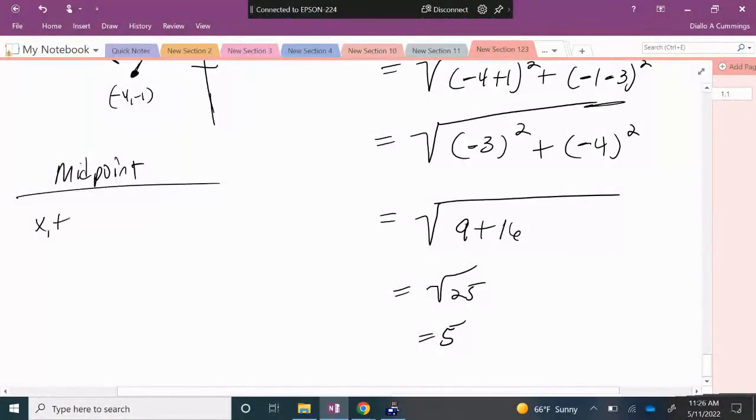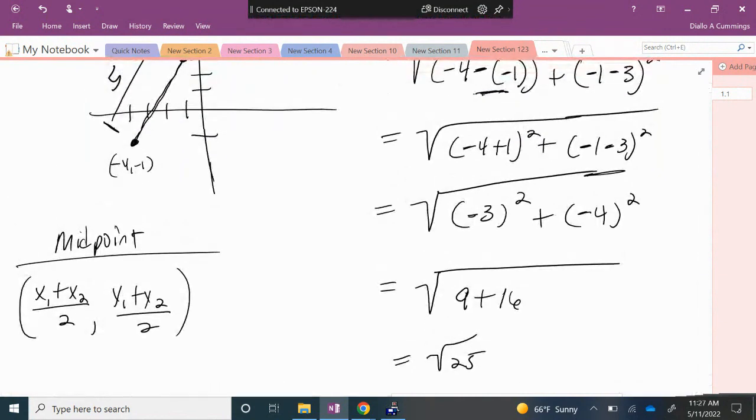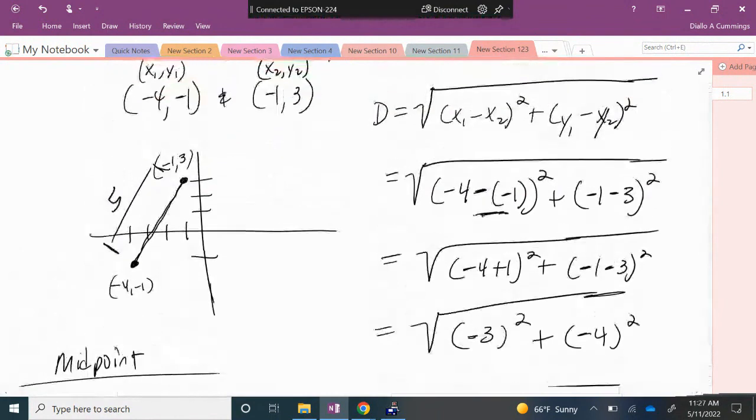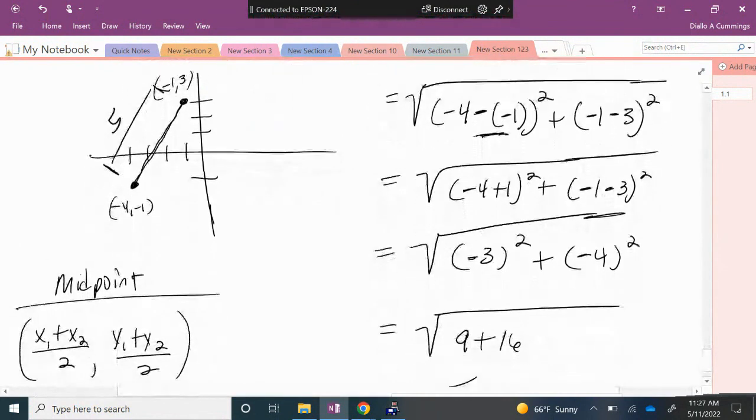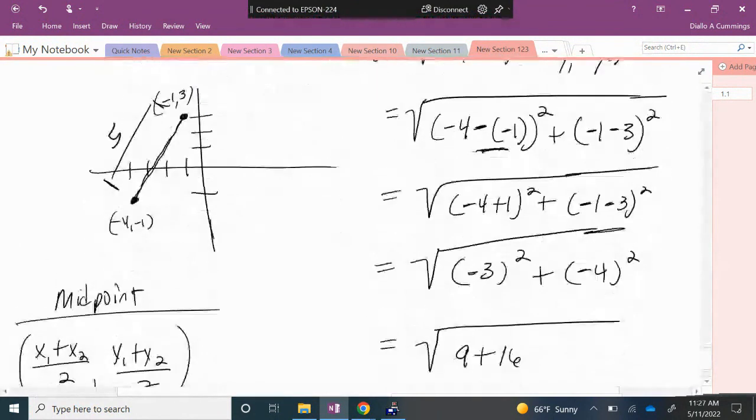We have (x sub 1 plus x sub 2) divided by 2, comma, (y sub 1 plus y sub 2) divided by 2. If we substitute in those values, x sub 1 was -4 and x sub 2 is -1.